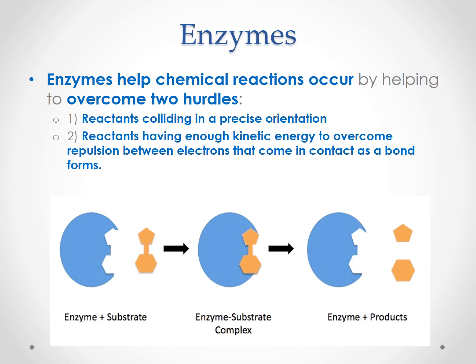You have to have a certain amount of kinetic energy to either break bonds or make a new bond. And of course, you have to consider that these are molecules with electrons, and so there's some repulsion that comes with that. The enzymes are going to make sure that these molecules are coming together in just the right way so the electrons can interact with each other and form bonds.